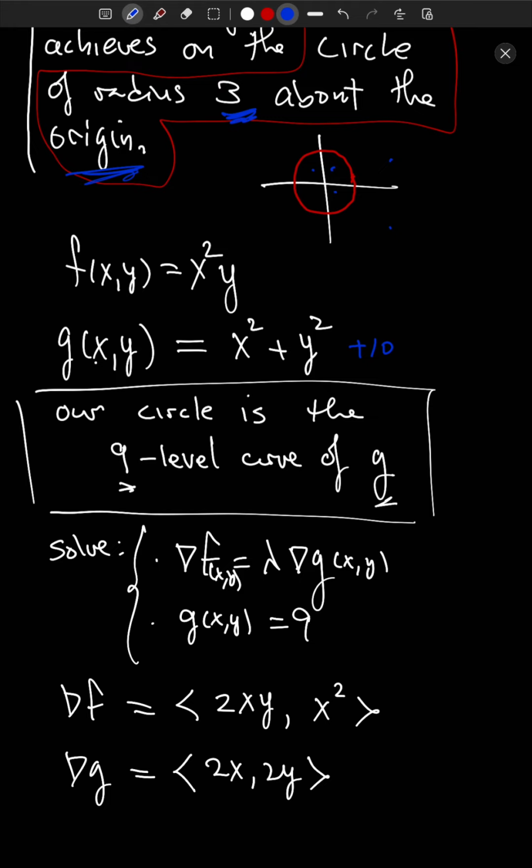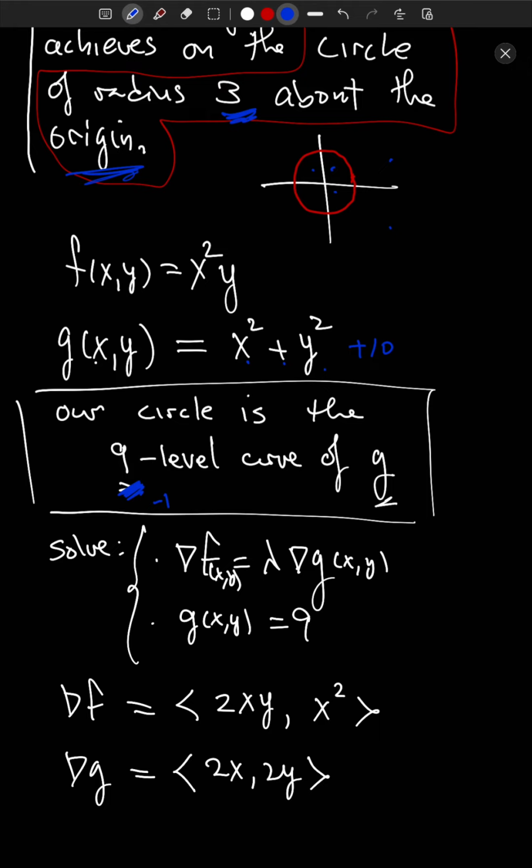The difference is if I use x squared plus y squared plus 10, then I have to note that I'm not interested in the 9-level curve. In that case, I'm interested in the -1 level curve, because the -1 level curve would be -1 equals x squared plus y squared plus 10, and that's the same as x squared plus y squared equals 9.